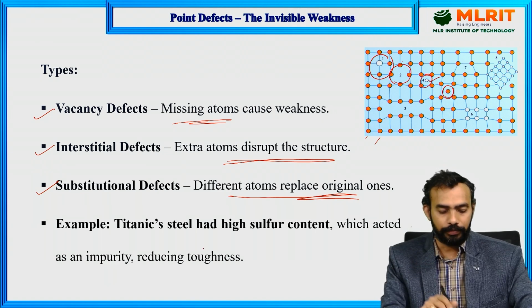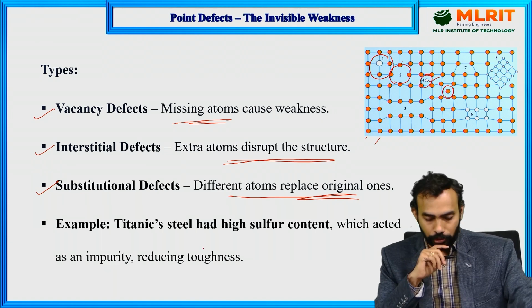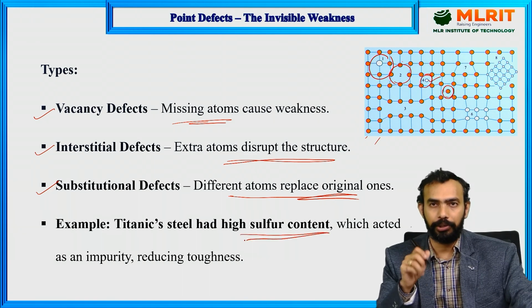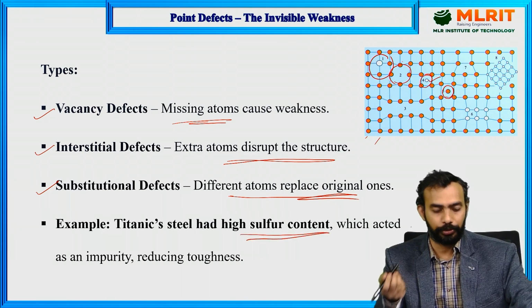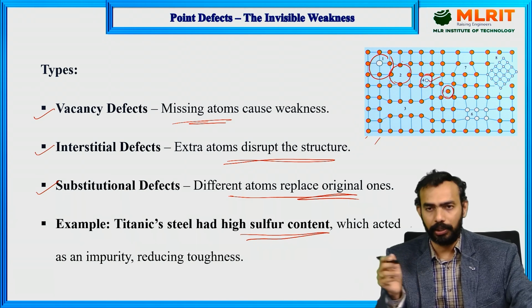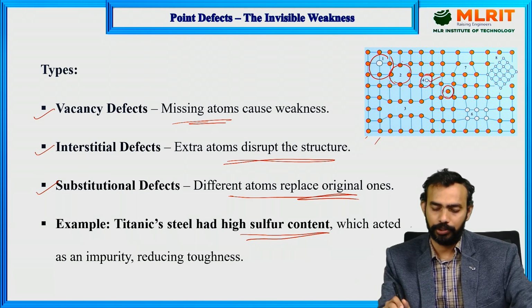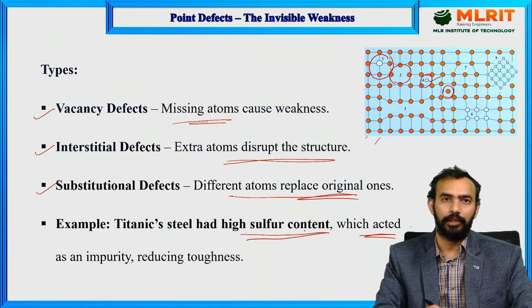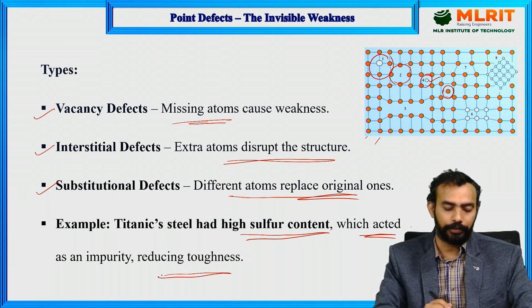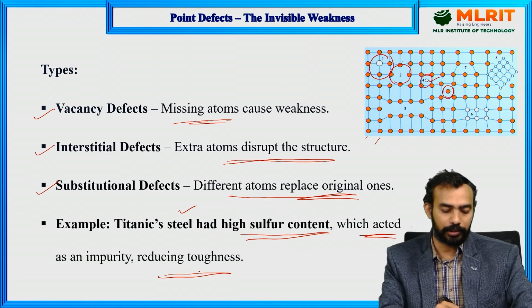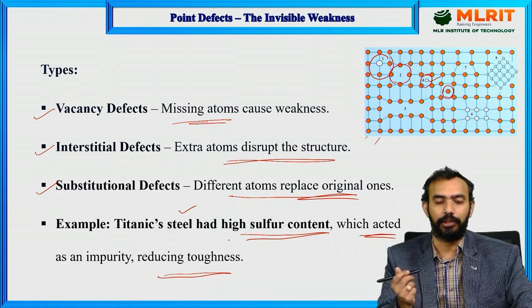In the case of titanic steel, which has high sulfur content, that could be a substitutional defect, or it might be occupying an interstitial site. Basically, it is happening at the atomic level. The high amount of sulfur acted as an impurity that reduced the overall toughness of the steel, right?